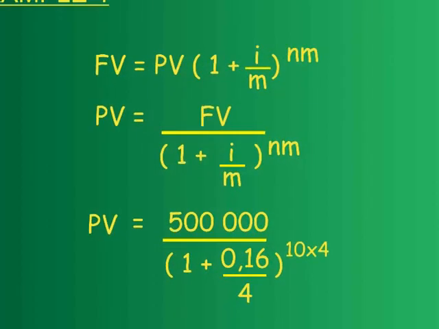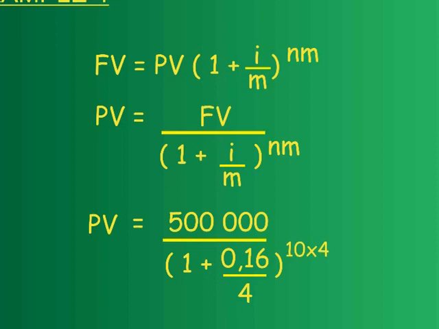Future value is equal to 500,000 divided by 1 plus interest 16% or 0.16 divided by number of compounds per year, which is 4, to the power nm.